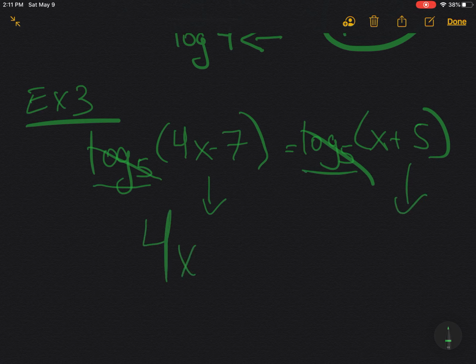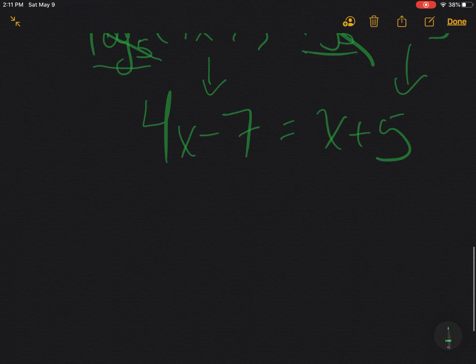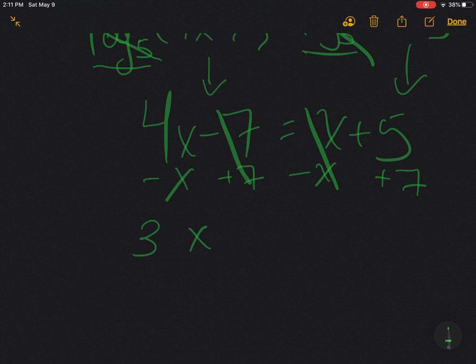So 4x minus 7 equals x plus 5. And again, it has become just a basic Algebra 1 equation. So we're going to combine our x's. So let's subtract this x from both sides. And I'm going to add this 7 to both sides. So do two things at once there. And now I'm going to have 3x equals 12. And divide by 3, and we have 4.